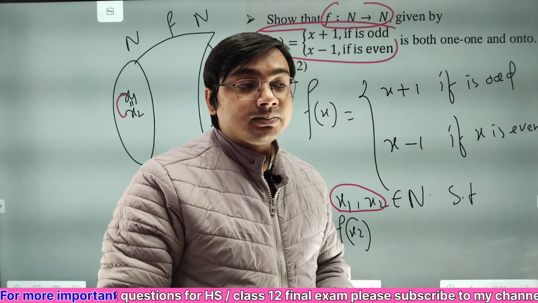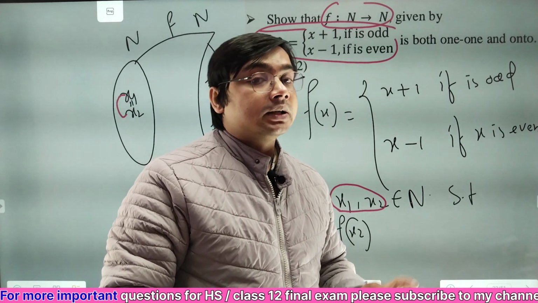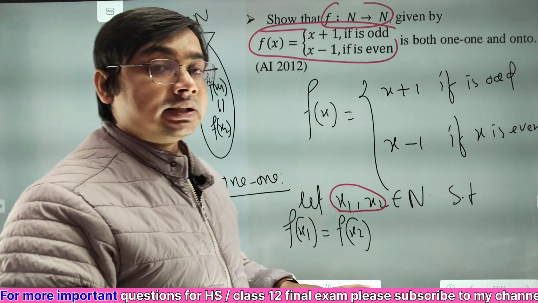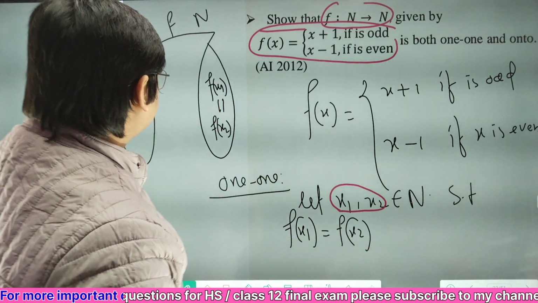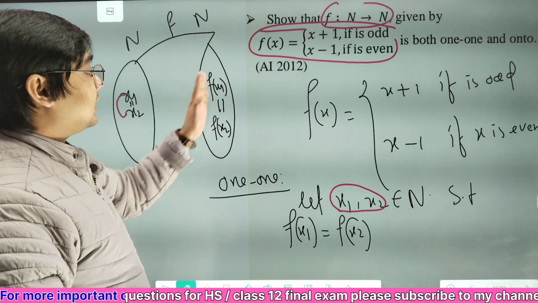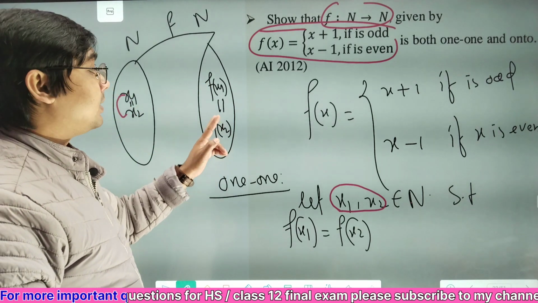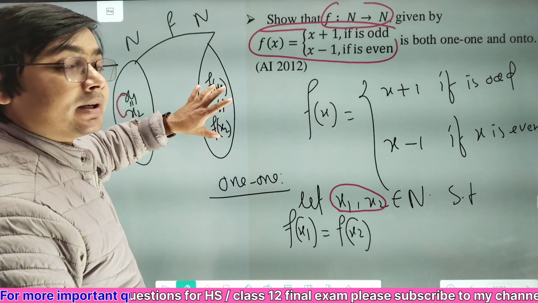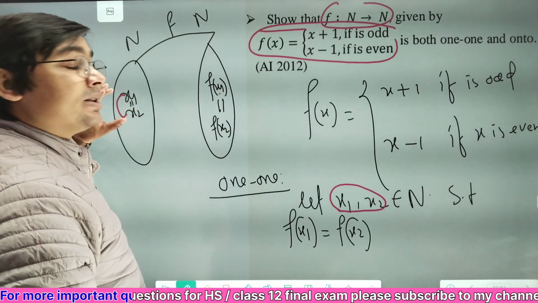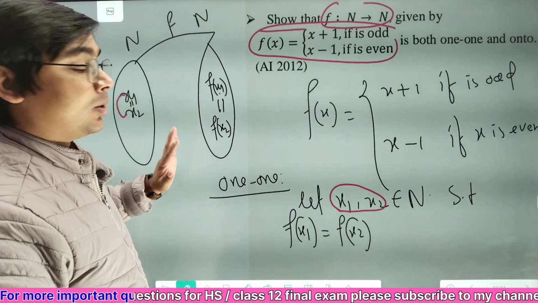The third case: one of them is odd, the other is even. In the three cases we need to verify that if x1 and x2 are distinct, then their images are distinct, or if f of x1 and f of x2 are equal, then the elements must be equal.